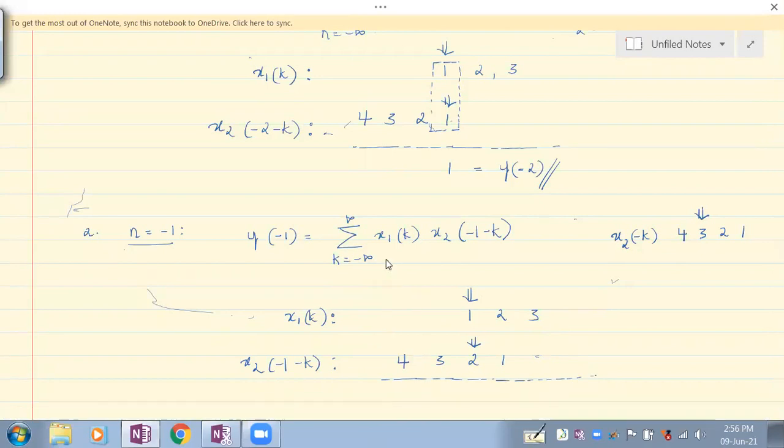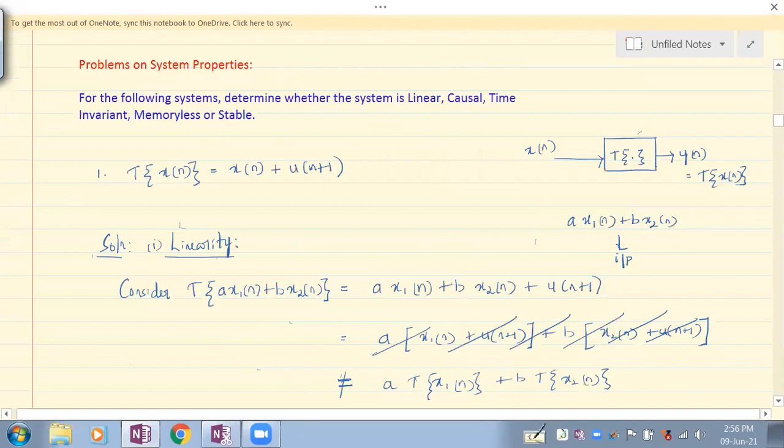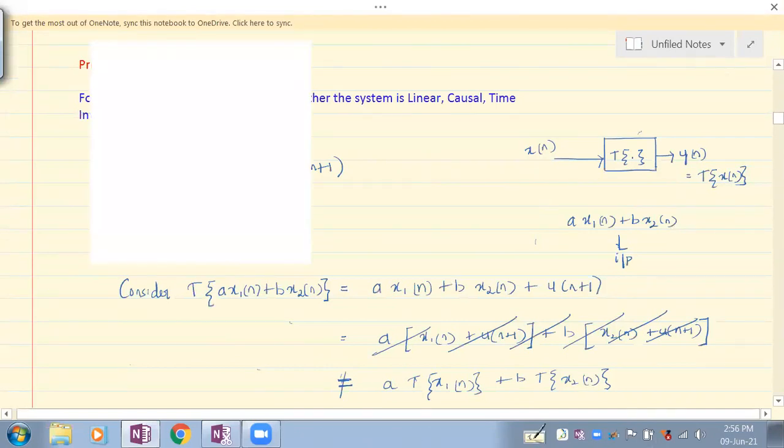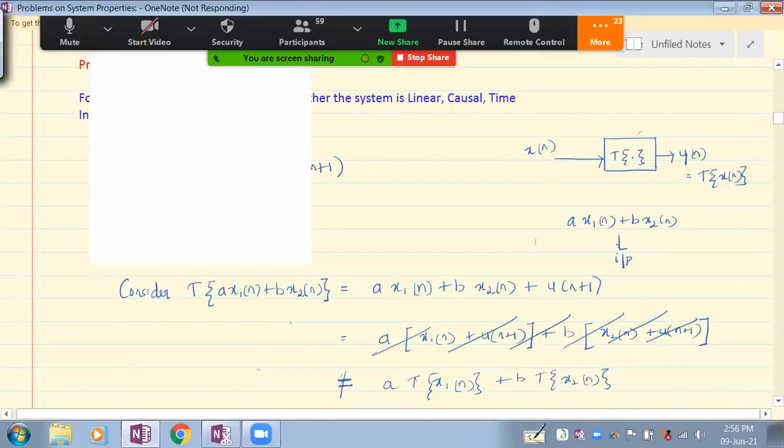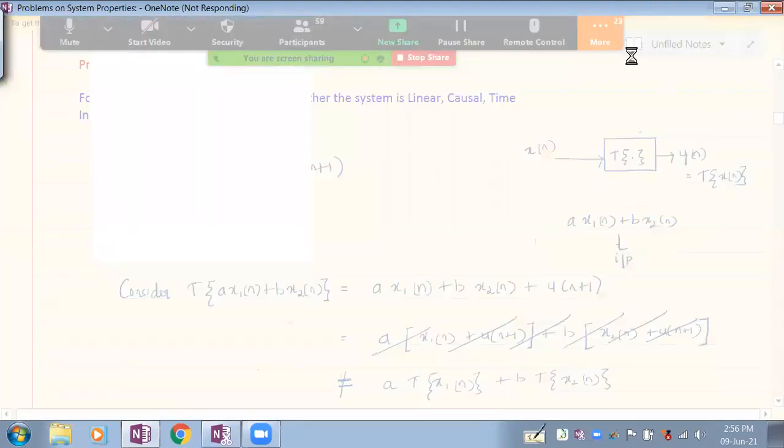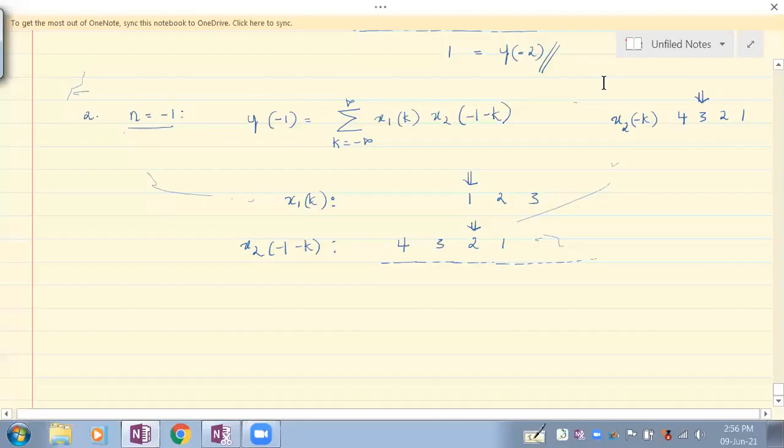This is one overlapping sample, and this is another overlapping sample.